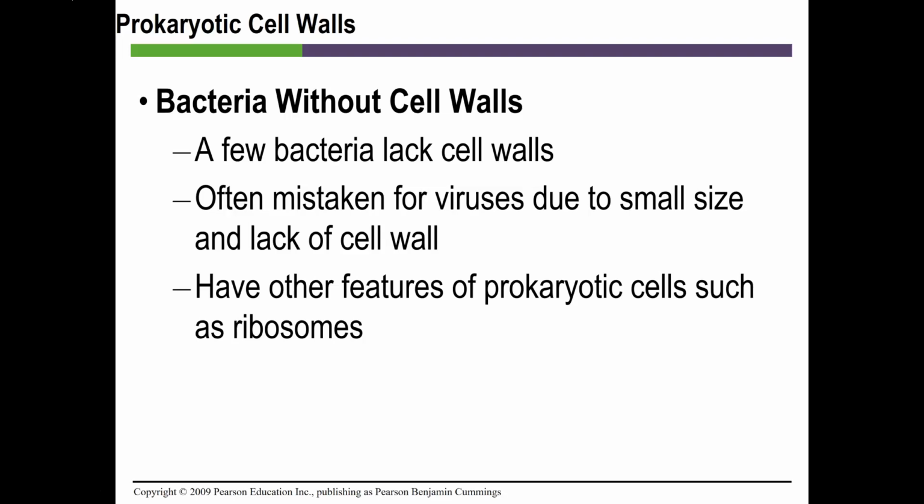The bacteria without cell walls belong to a group that might cause an infection called walking pneumonia, as well as other problems. We will discuss specific infections towards the end of the semester, but it's important to note here that mycoplasma, a genus of bacteria, do not have cell walls.